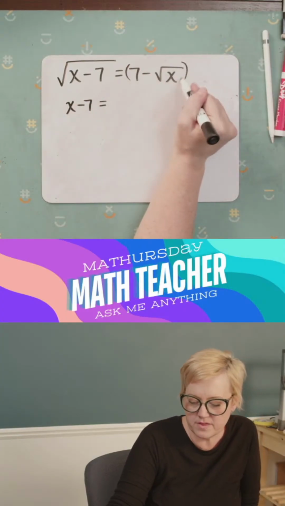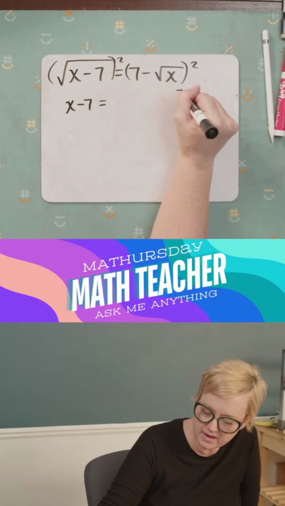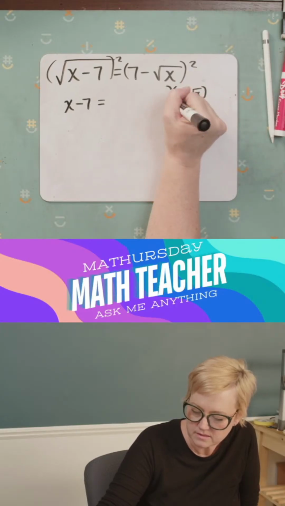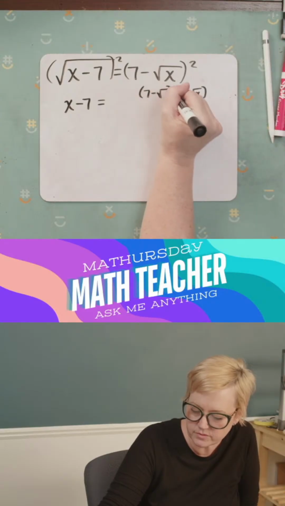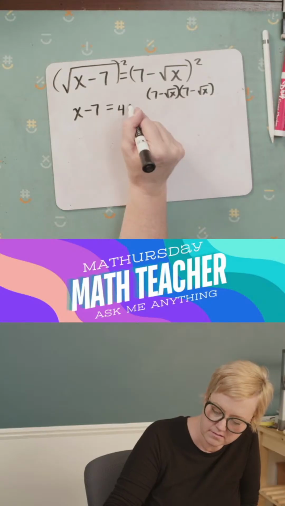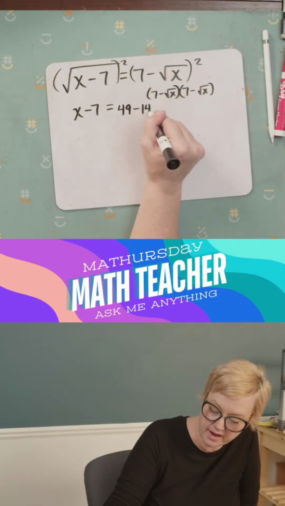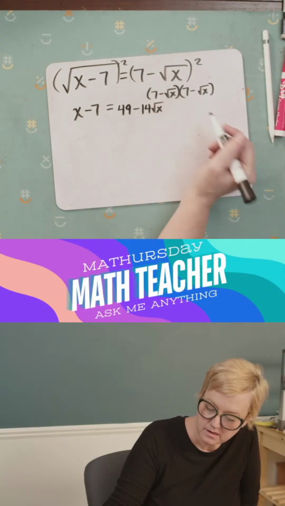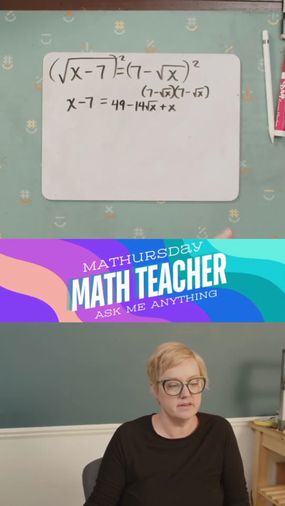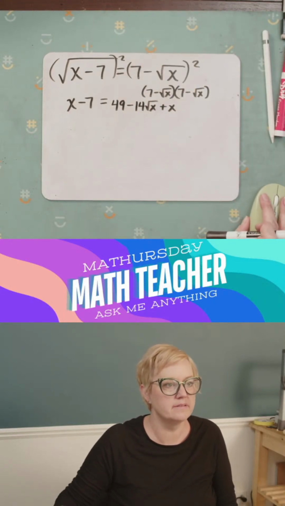And then if I square this, 7 minus root x times 7 minus root x, that's going to give me 49 minus 14 root x, and then plus x. So I'm just kind of foiling these together.